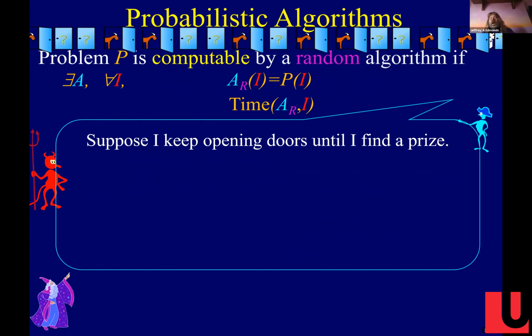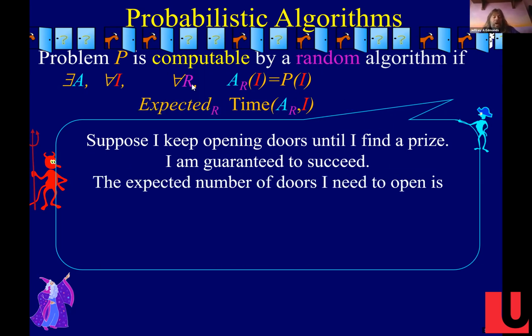Here's another way of looking at the algorithm: instead of stopping at time T, let's keep opening doors until you find a prize. Then the algorithm is guaranteed to find a prize, no matter what your coin flips are. Why? Because your algorithm is to keep opening doors until you find a prize. It might take you a long time, though.